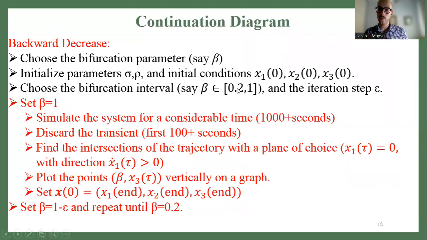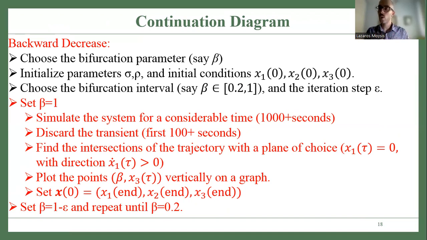By that I mean that for this interval of interest, I start by setting beta equals 1, and then I go backward. I will decrease the parameter: beta equals 1, beta equals 0.1999, 0.1998, up until I reach 0.2. So this is called the backward continuation diagram because I'm starting from the maximum value and moving backwards.